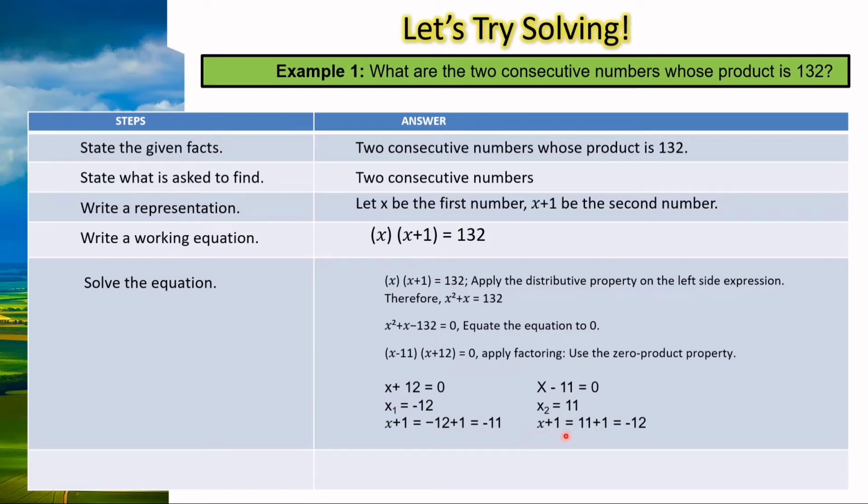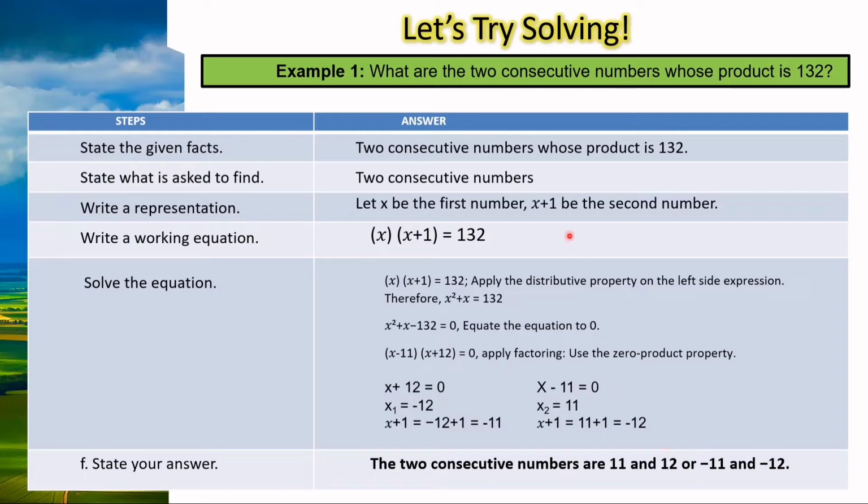So x plus 1 is equal to 11 plus 1, and that is equal to, that should be positive 12. So that's a typo error here. Now what's the next step? State your answer. So the two consecutive numbers are 11 and 12, or negative 11 and negative 12.